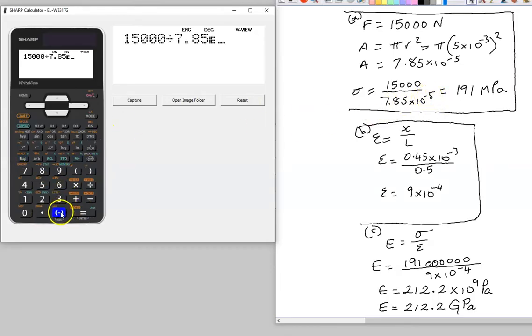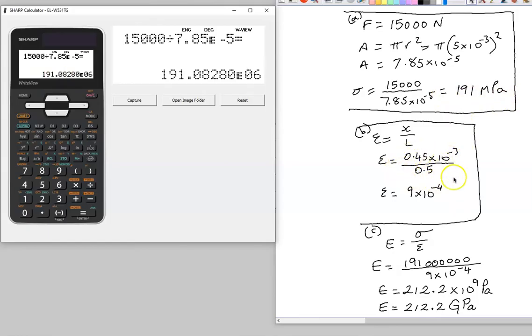Again, you have to use this button, don't use that one. So minus 5, equals, and we get 191.08 to the power of 6, which you can write down, and that to the 6 is megapascals. So that's 191 megapascals, so that's the answer there.